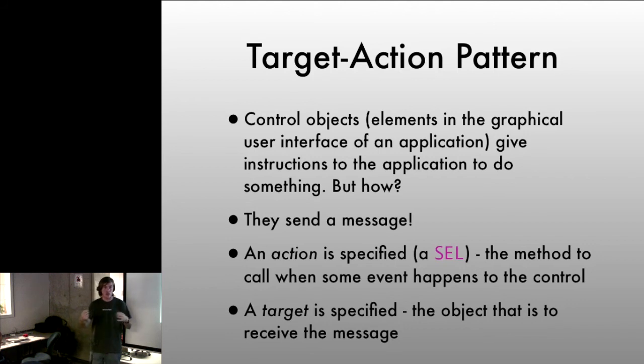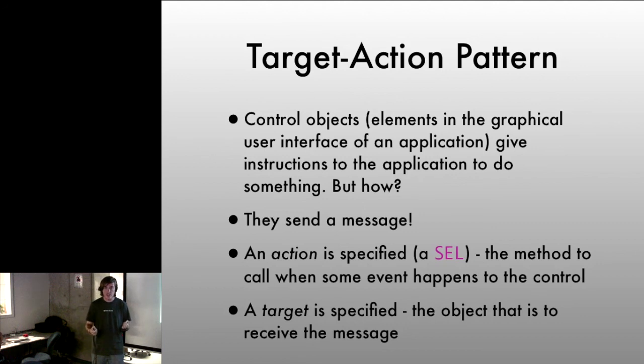We have some controller object that's managing our app that, when this button gets pressed, maybe presents an alert saying hello or something. So we can have our controller have some method that gets called every time that button gets pressed that will do the code to present this alert. And we just say that object is the target of this button, and the action it sends is the selector of the method we want.